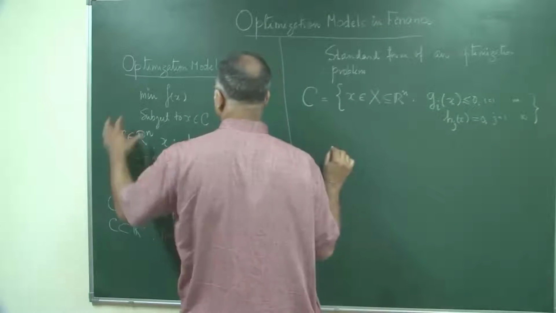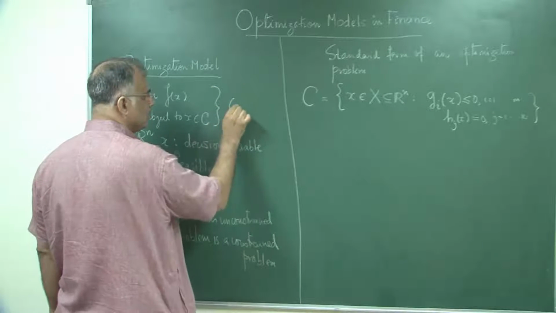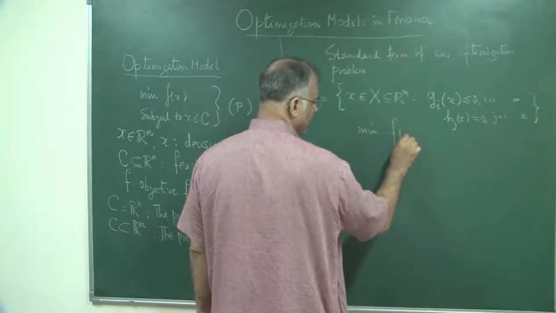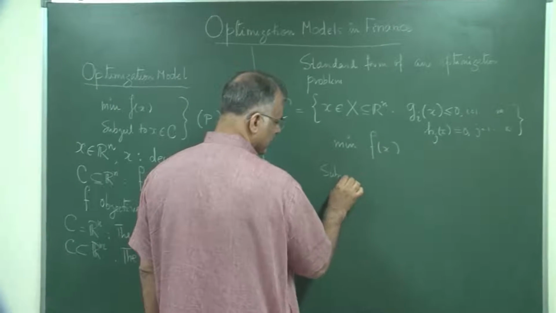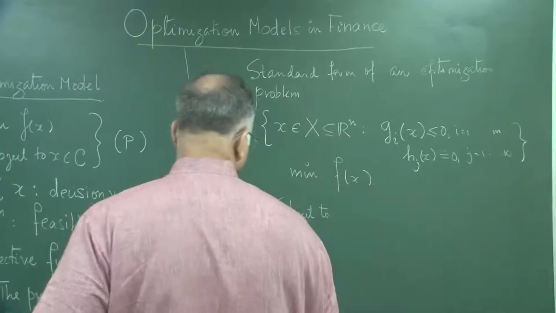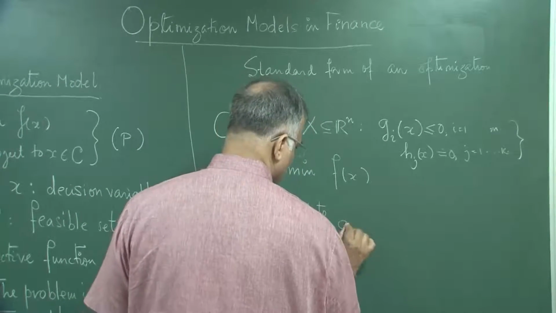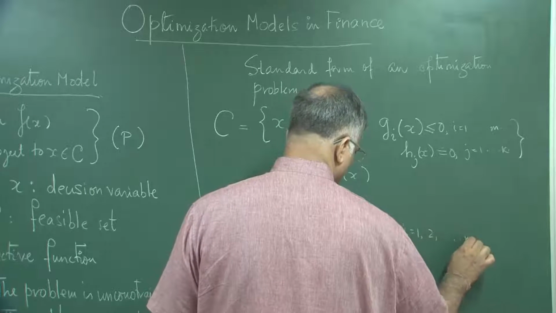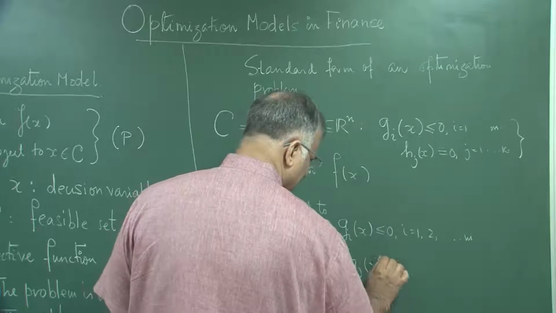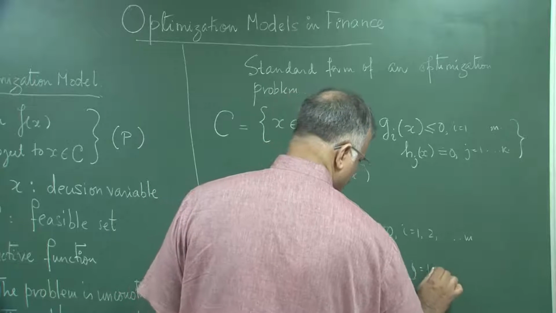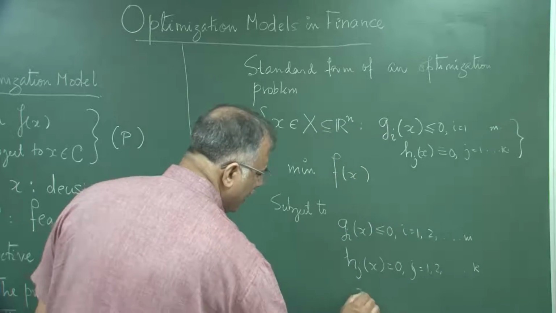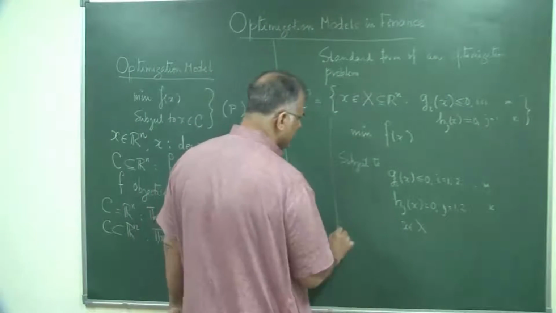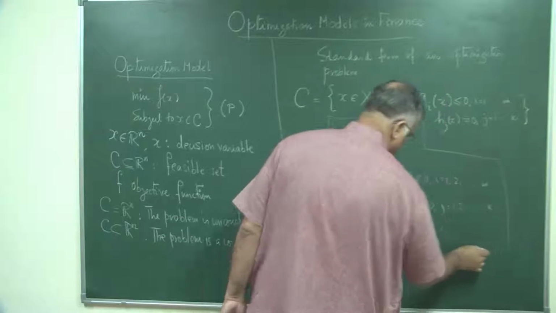So now this problem, which I can write as problem P. The problem P in the standard form would look like: minimize f(x) subject to g_i(x) less than or equal to 0, i going from 1 to m, and h_j(x) equal to 0, j going from 1 to k, and x belonging to capital X. So this is one of the most standard ways of writing a general optimization problem.